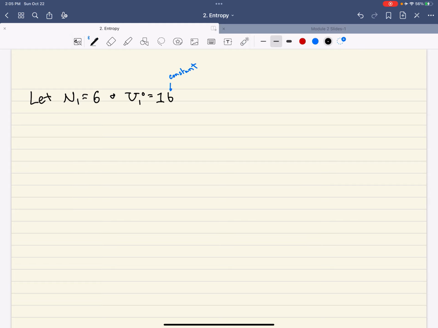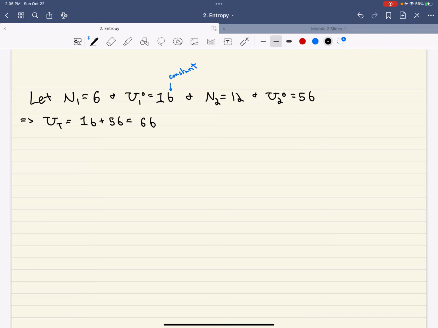So for system 1, those are the initial conditions. And for system 2, we're going to have 12 molecules, and it's going to start out at a higher internal energy. If we calculate the total internal energy, it's going to be 1b plus 5b to give us a total of 6b.